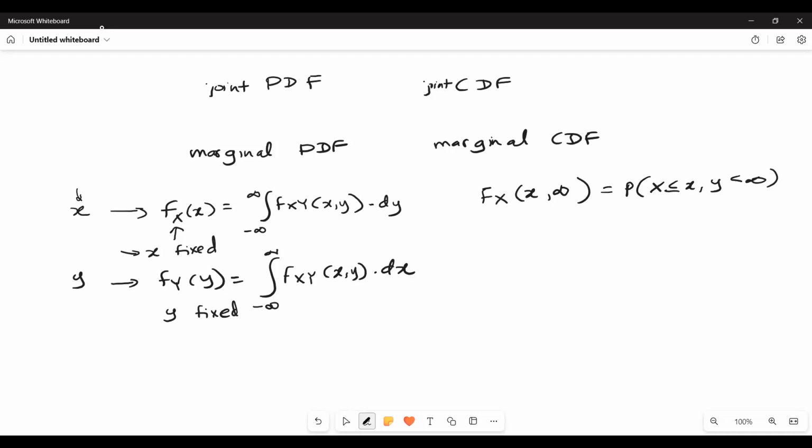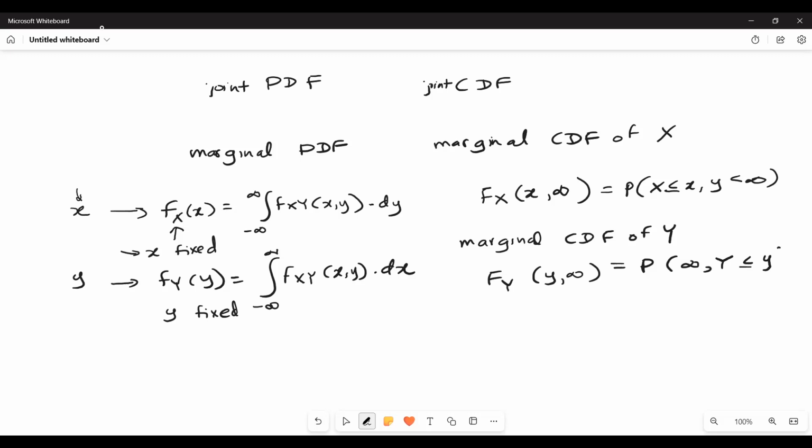Similarly, for the marginal CDF of Y, I'm considering a fixed value of Y, and up to that point, I'm doing the integration of the PDF function, and that integration will give me the probability of the X value being up to infinity and the Y value being below a certain fixed Y value.